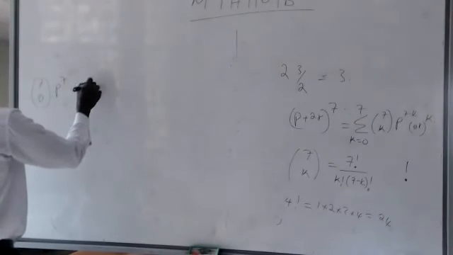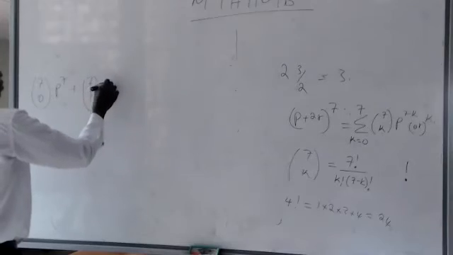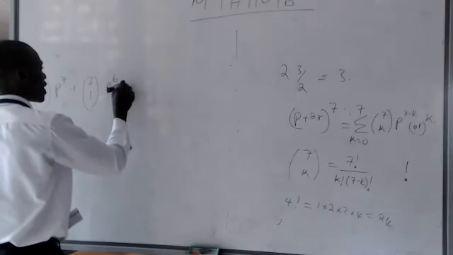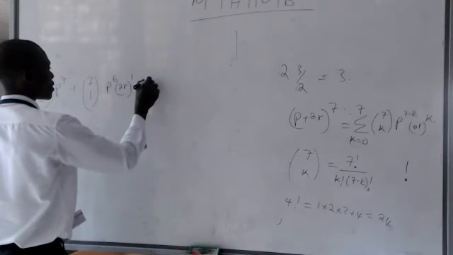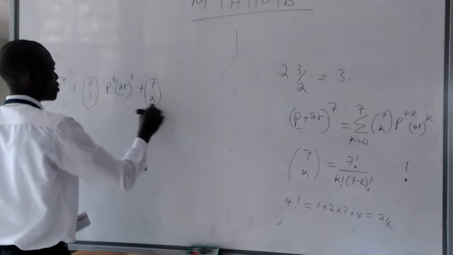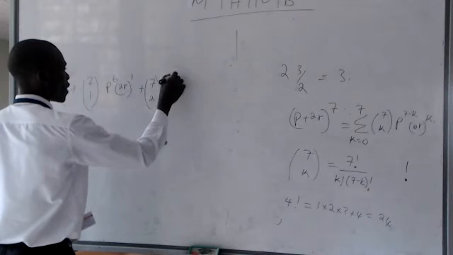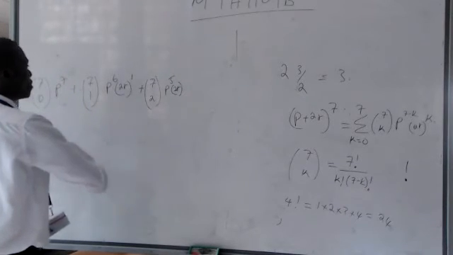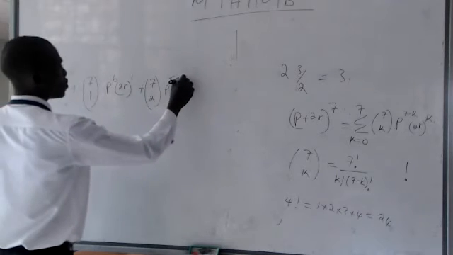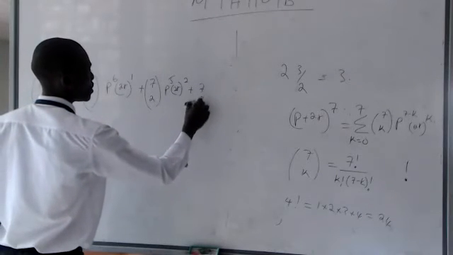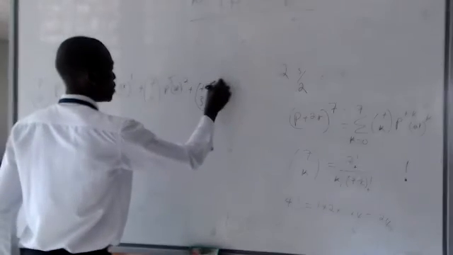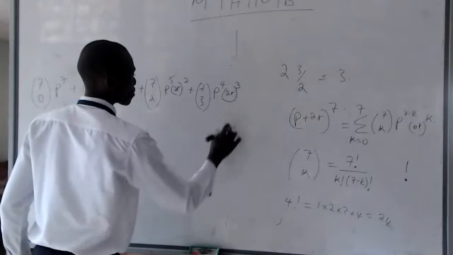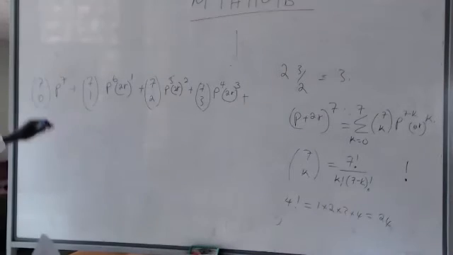Plus the second term, 7 combination 1, p to the 6, because now k is 1, and then 2r raised to 1, plus 7 combination 2, p raised to 5, 2r raised to 2, plus 7 combination 3 of p to the 4, 2r raised to 3. You should be seeing the trend now.